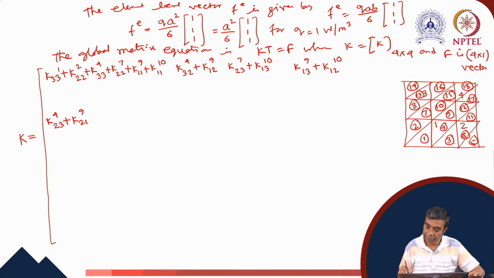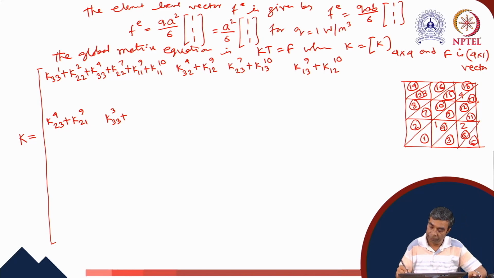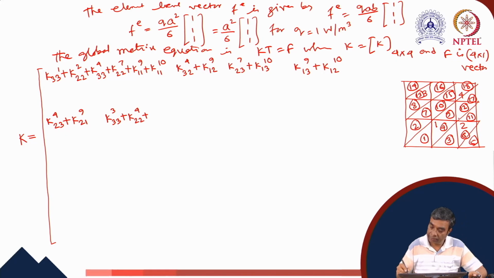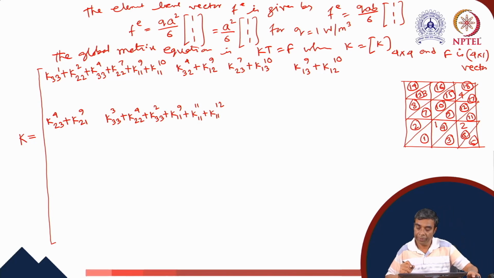K22 equals K333 plus K224 plus K332 plus K119 plus K1111 plus K1112. So we have constructed the K22 term.